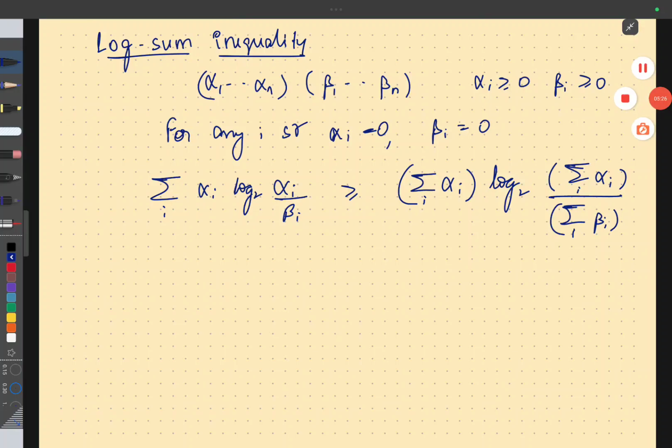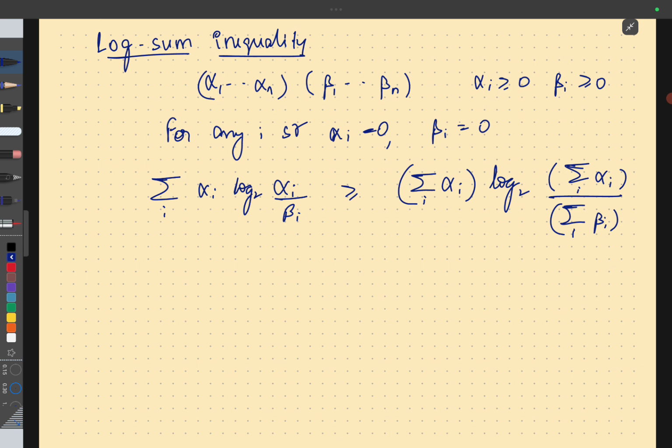So the log sum inequality basically says that the sum of this alpha log alpha by beta quantity is greater than or equal to the same quantity but with the summation taken inside. All right. And we see that this automatically implies that the KL divergence is non-negative, because if alpha and beta are probability mass functions, then sum over all i of alpha i and sum over all i of beta i are both equal to 1.